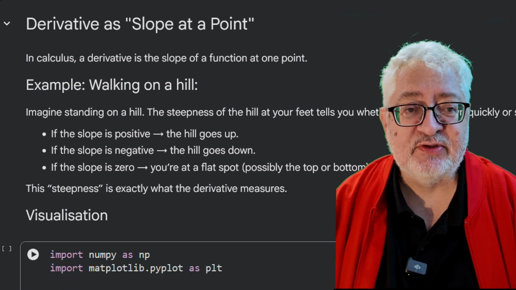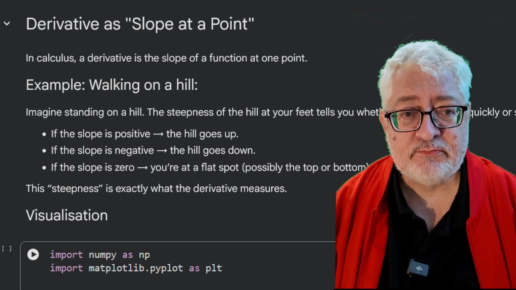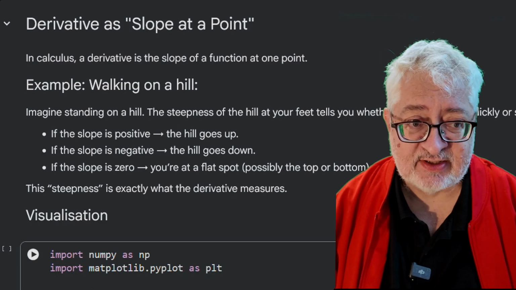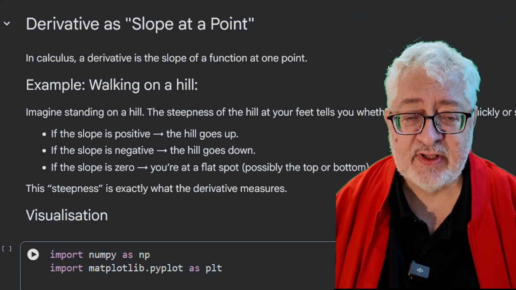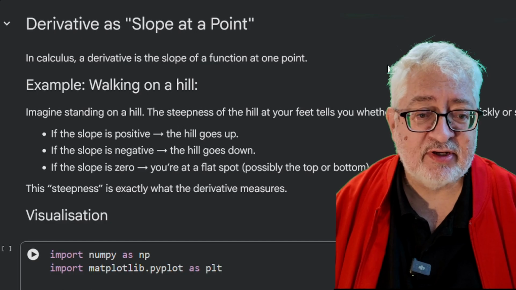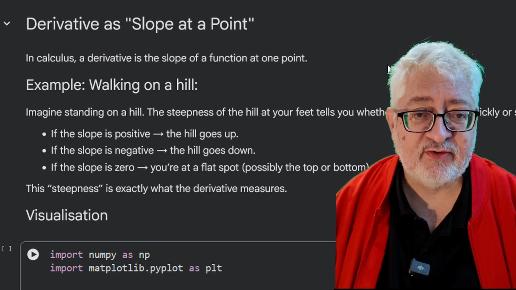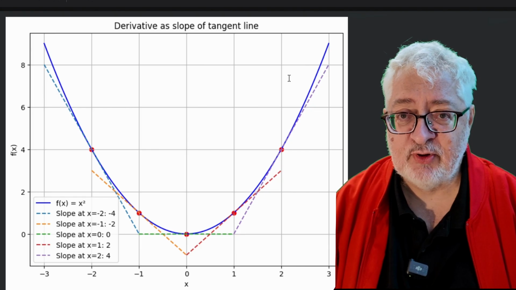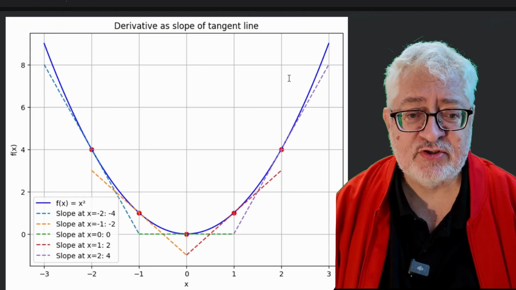So derivatives, if you look here, are the slopes of a function at a particular point. And you can look at an illustration here perhaps first. So here you have the function we have already plotted before, this nonlinear function.